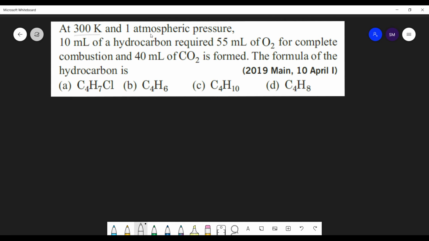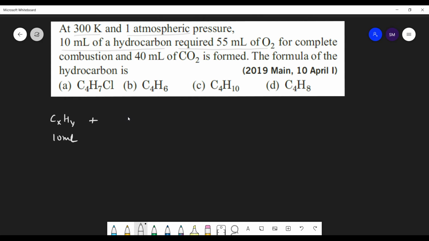See, at fixed temperature and fixed pressure, we have a hydrocarbon CXHY, which is 10 ml, and 10 ml of hydrocarbon requires how much oxygen? 55 ml. Yes.